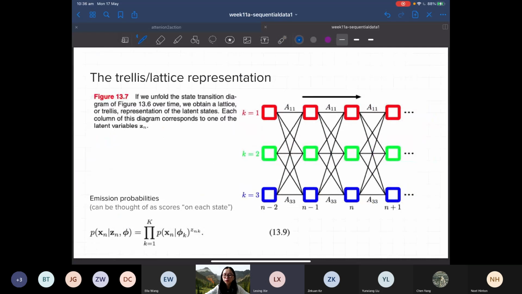Here's representation number 3, which is useful when we talk about inference algorithms. This is called the trellis or lattice representation. The book prefers lattice, but if you read some of the old classic literature on HMMs, it's called the trellis.